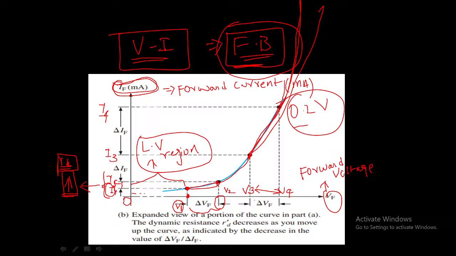So for a small increase in the voltage from V3 to V4, there is a huge increase in current from I3 to I4. That means the value of RD is decreasing in this particular region after the threshold voltage. The resistance offered to the current by the diode is decreasing.